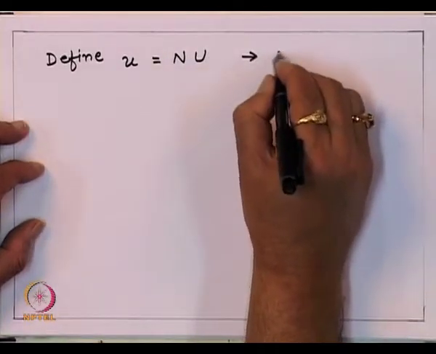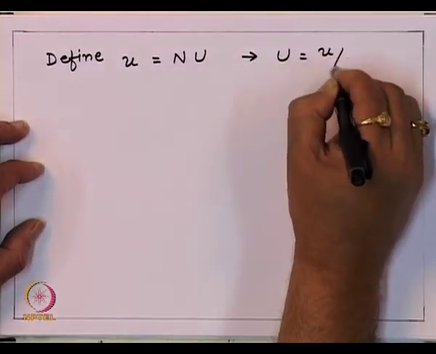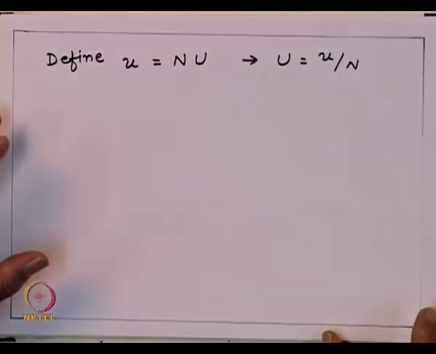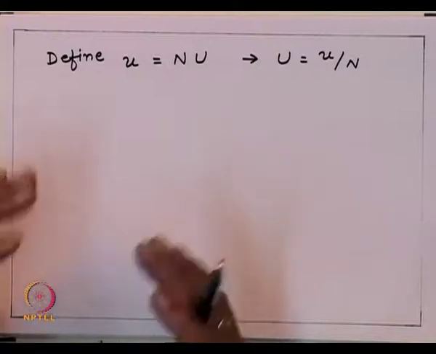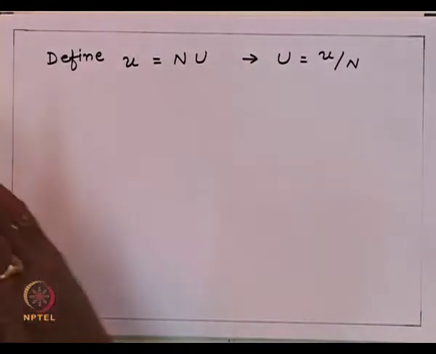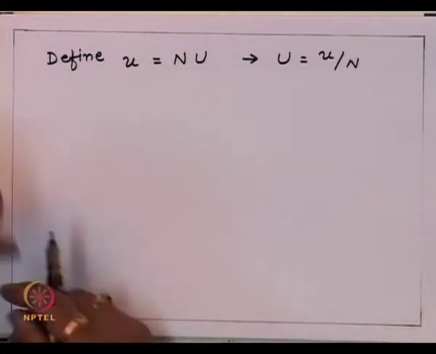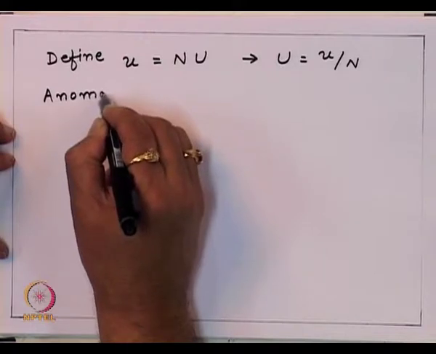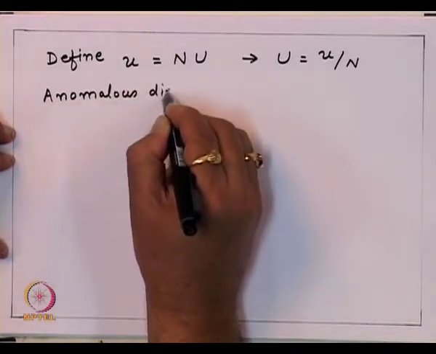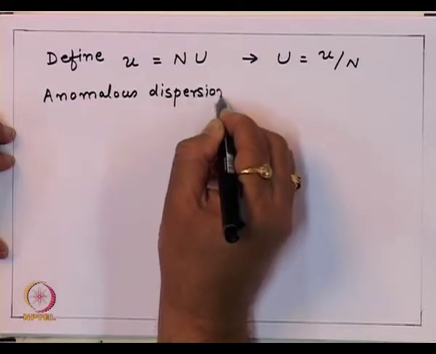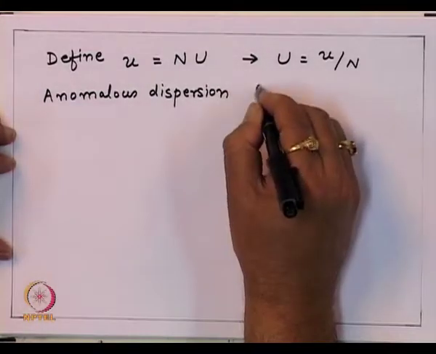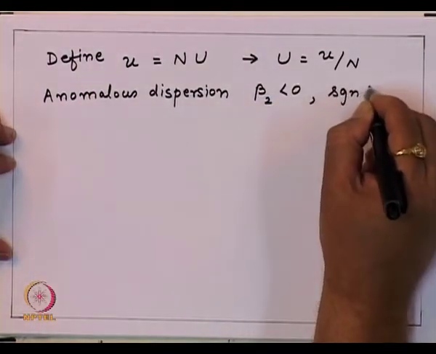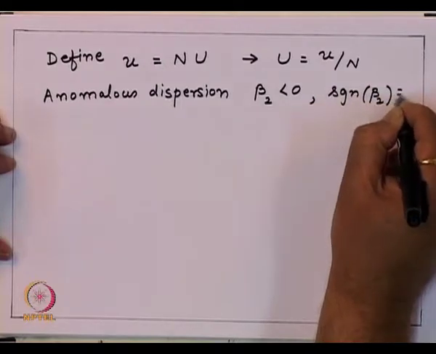So, that gives U, this normalized u by N. And now, since we are interested in the soliton and we know that the soliton can be formed only in the nonlinear dispersion regime in the anomalous domain, because that is where the two chirps can be cancelled. So, we are considering anomalous dispersion, that is beta 2 is less than 0. So, sign of beta 2 is minus 1.